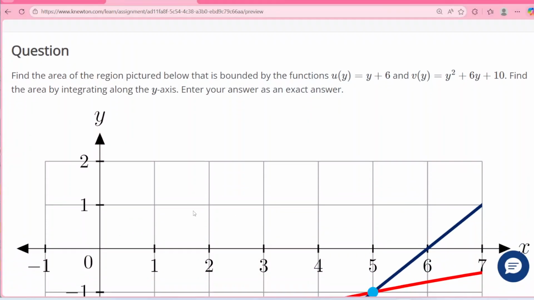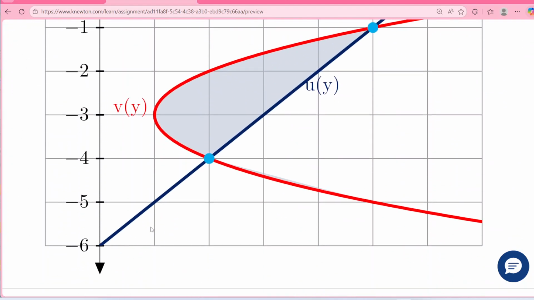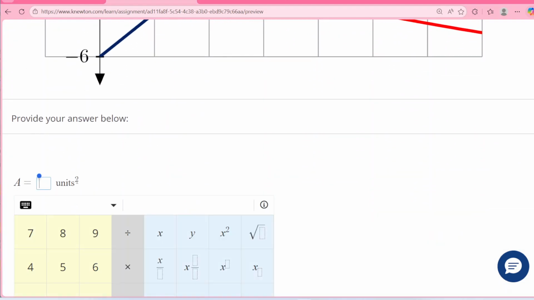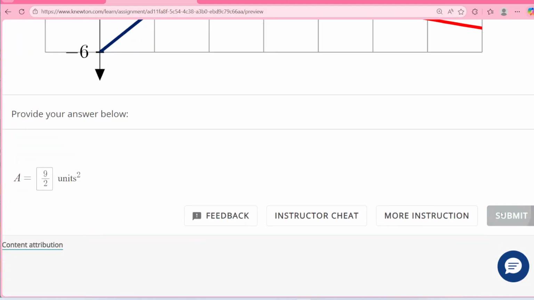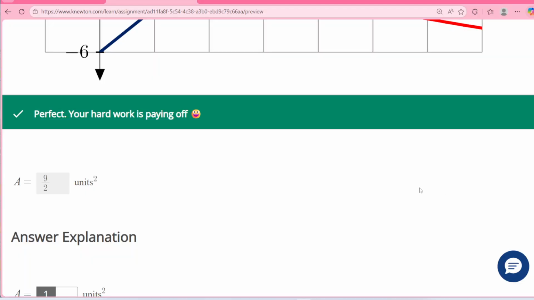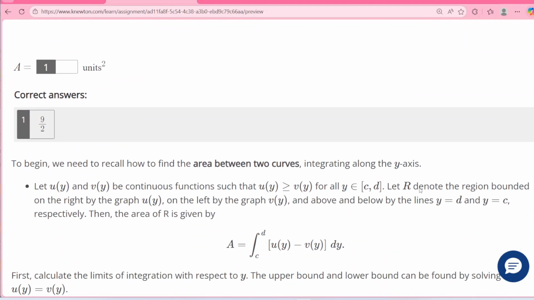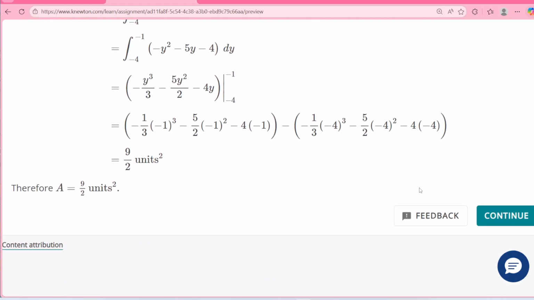And again, if you swap the order of that, you would have ended up with -9 halves. Just make it positive. Talking about area here. So yeah, 9 halves square units. You can check your definite integrals with Desmos and whatnot. Yeah, so it says right minus left now, right minus left.